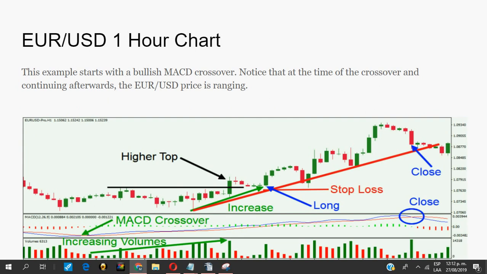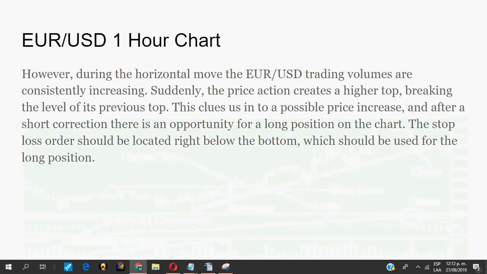This example starts with a bullish MACD crossover. Notice that at the time of the crossover and continuing afterwards, the euro-dollar price is ranging. However, during the horizontal move, the euro-dollar trading volumes are consistently increasing.